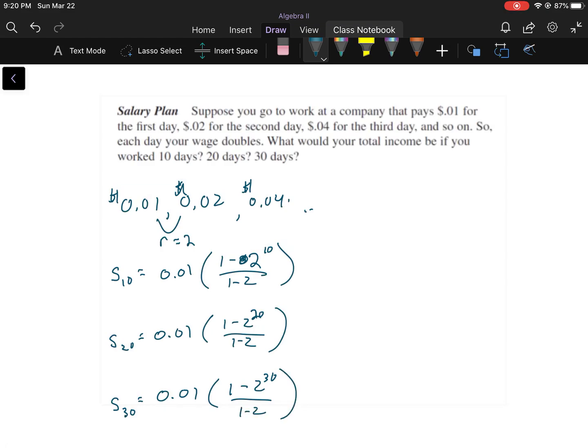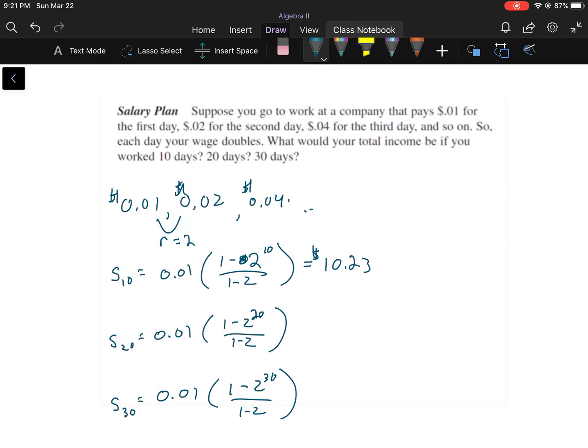Okay, so the first one, if you are doubling it after getting paid a penny on the first day, 1 minus 2 to the 10th divided by -1 times 0.01, you would have $10.23.